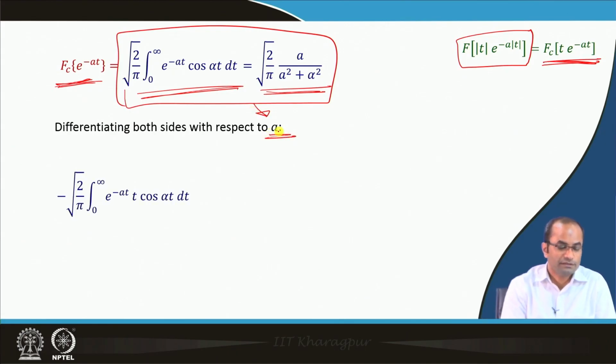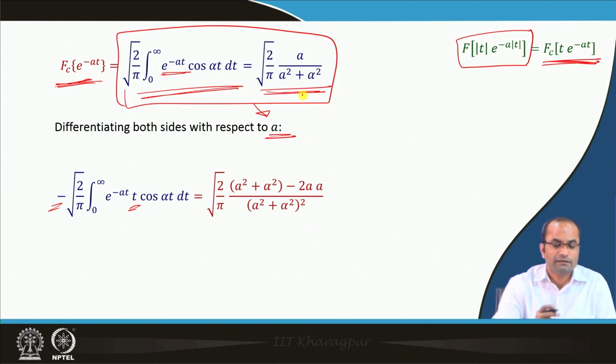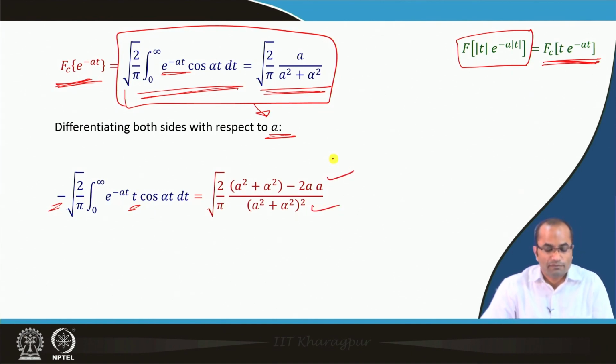So, we differentiate this with respect to a. Here e power minus a t, and then a t factor with minus sign will come extra, and the right hand side again we can differentiate. The whole square term and then this quotient rule will be applicable, which can give us alpha square minus a square over a square plus alpha square whole square.